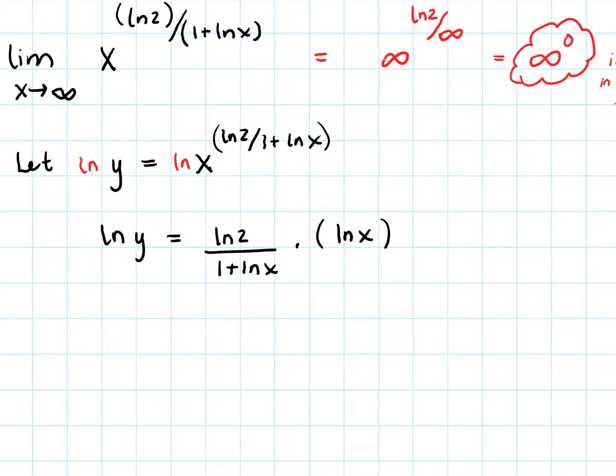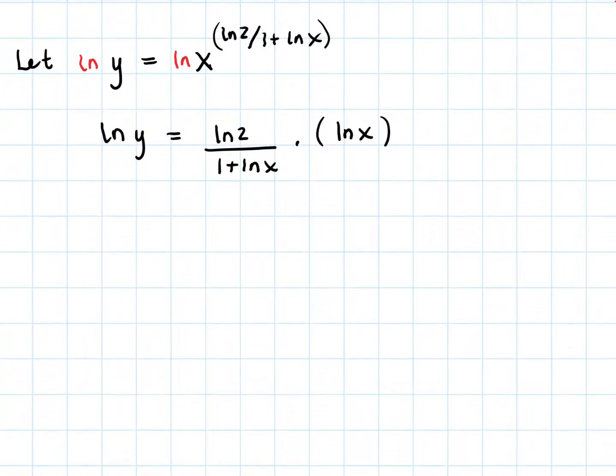Utilizing techniques of algebra here with logarithms and rules of logarithms, bringing powers down. Now what we can do is just simplify. There's not a whole lot actually to simplify on this one. We've just got that constant, ln of 2 times the natural log of x. So I'll just write it like that, and then divided by 1 plus the natural log of x.